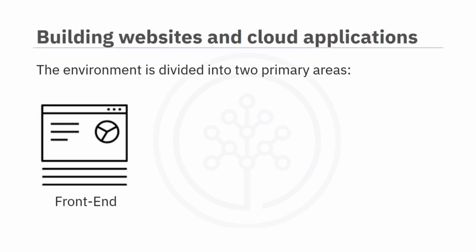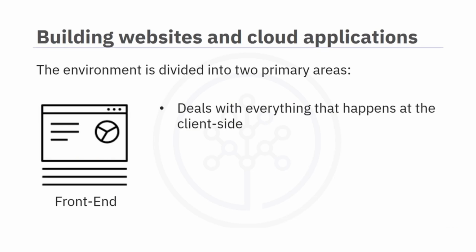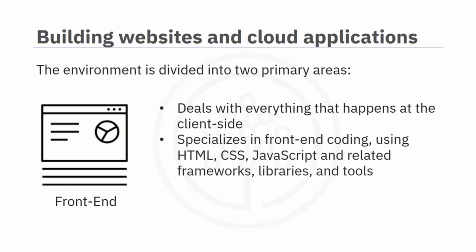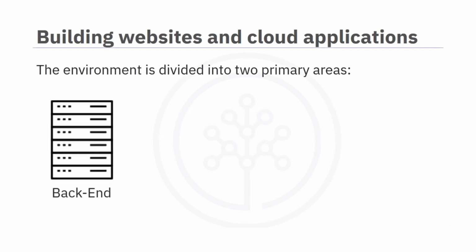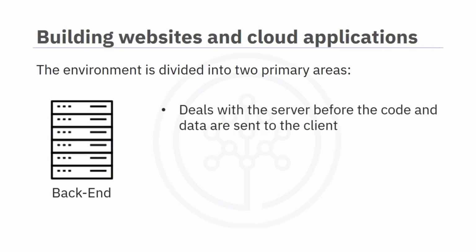The front end deals with everything that happens at the client side, everything the user can see and interact with. You can choose to specialize in front-end coding using HTML, CSS, JavaScript, and related frameworks, libraries, and tools. The back end deals with everything that happens on the server before the code and data are sent to the client.